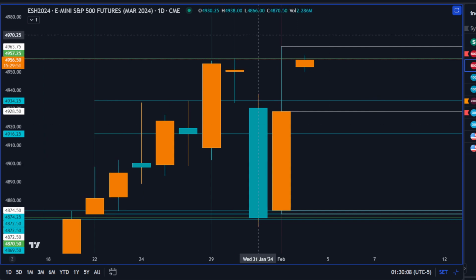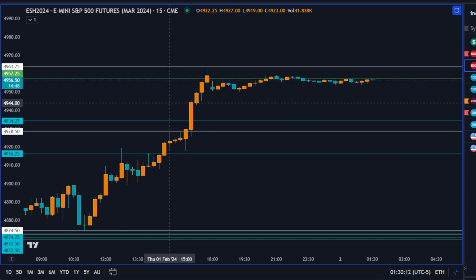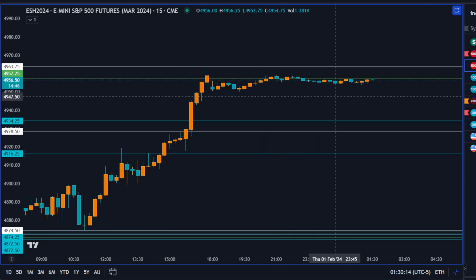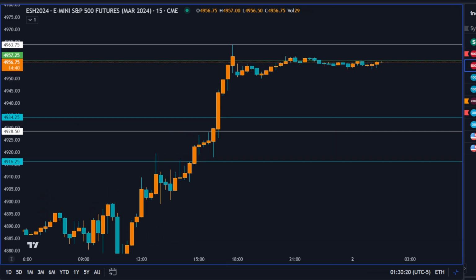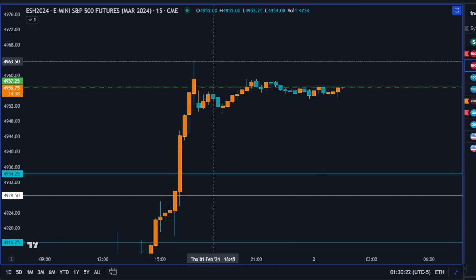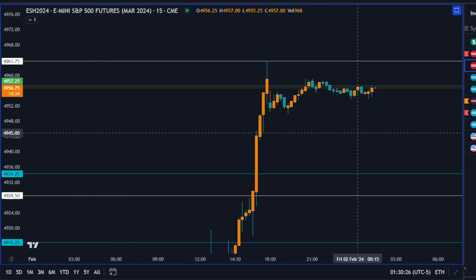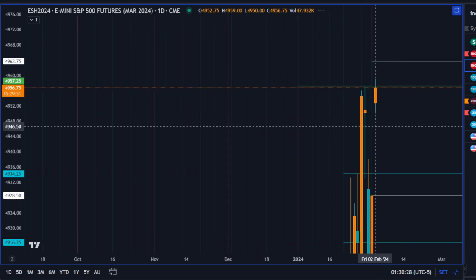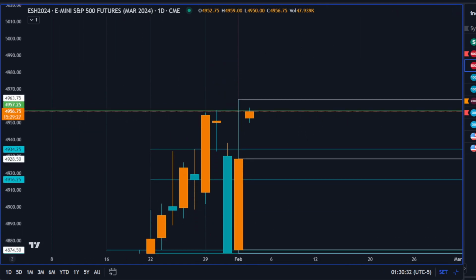However, take a look on the 15-minute chart. So basically, what we end up doing is kind of just hanging around in limbo, right? What if I told you that wasn't limbo? Let's go back on the daily. Remember what I said about the 5-day look back. 1, 2, 3, right?